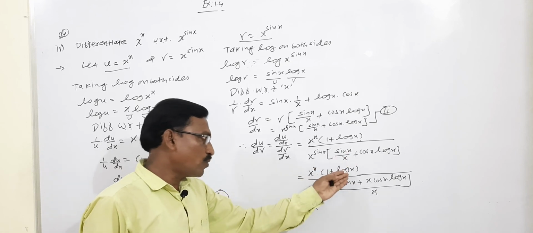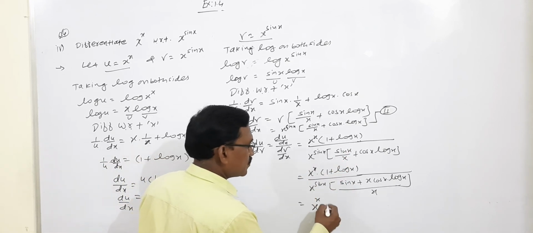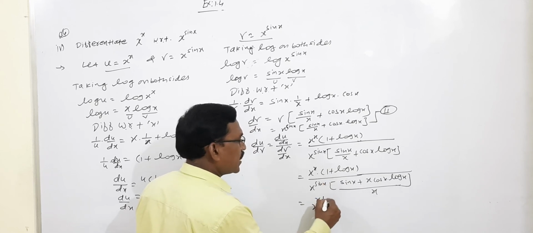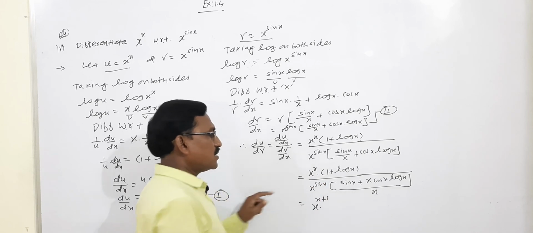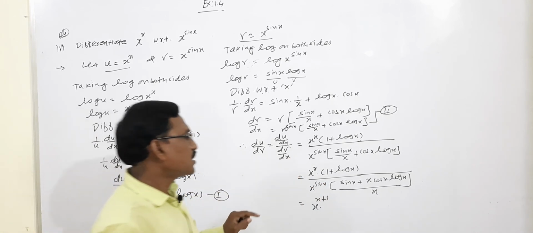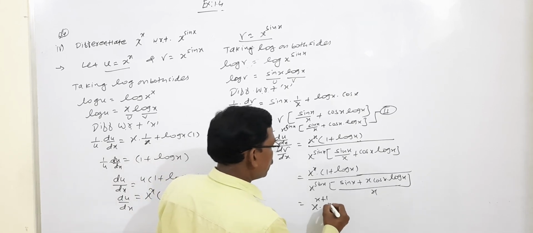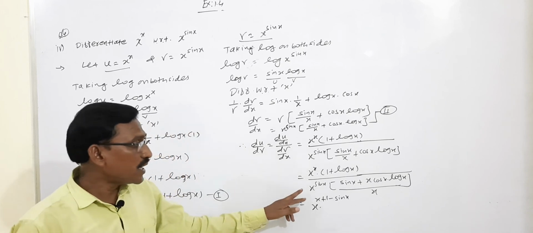The x goes into the denominator, its power is 1, and x to the power x times x to the power 1 means we add 1 to the power. Again, take the x to the power sin x to the numerator with its inverse, x to the power minus sin x, that's why it is a minus sign, because its base is also x.